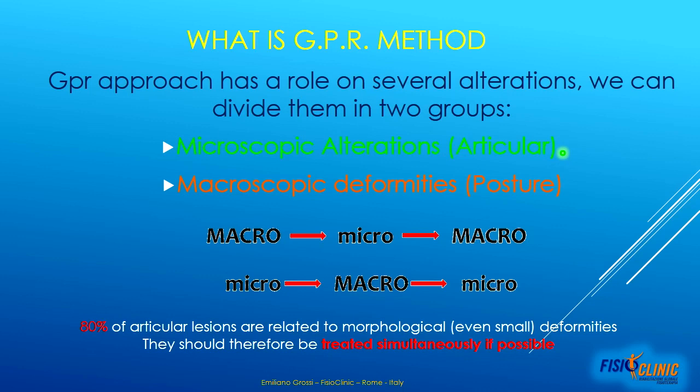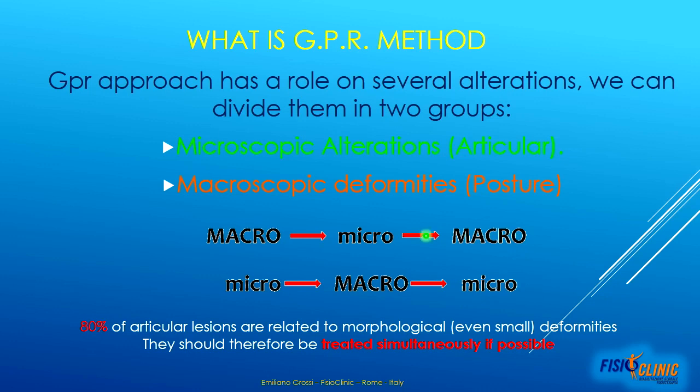To simplify the conclusion of these studies, we can say that postural alteration can determine and lead to articular, let's say, joint bad axis work. And with the same concept, we can imagine that bad axis joint function can lead to pain and easily to postural adaptations.